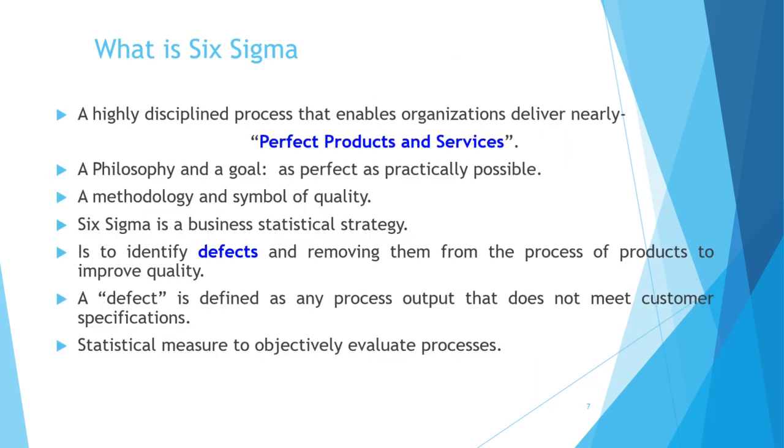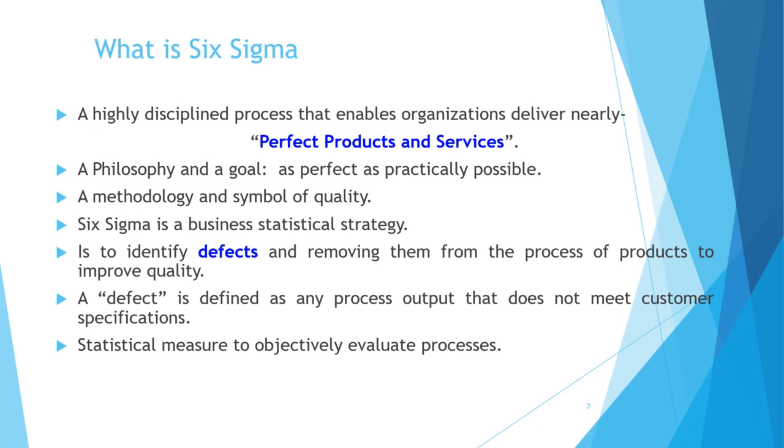Some of the definitions for Six Sigma. It can be termed as a highly disciplined process that enables organizations to deliver perfect products and services. It is a philosophy and a goal, a methodology and symbol of quality. It's a business statistical strategy, and it is used to identify the defects and remove them from the process of products to improve quality.